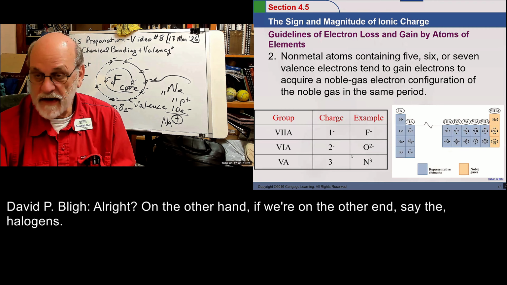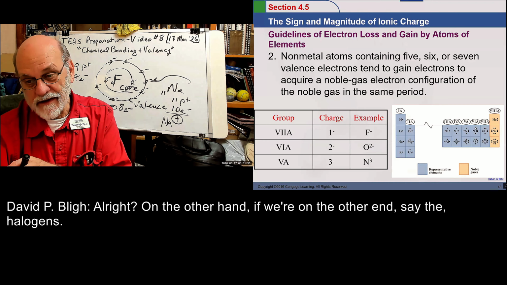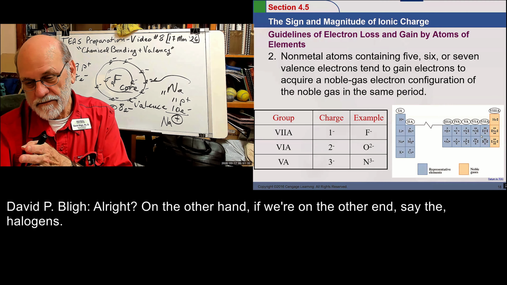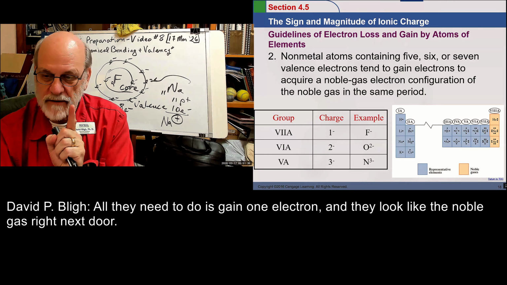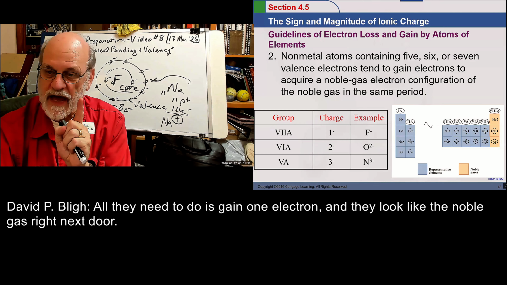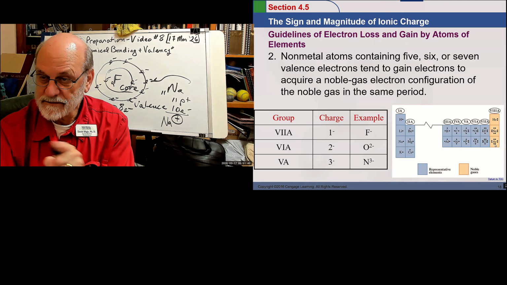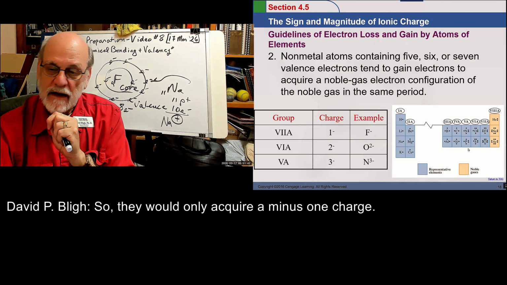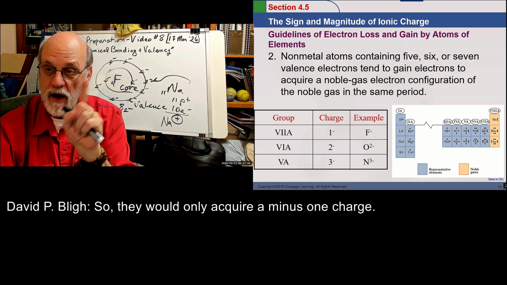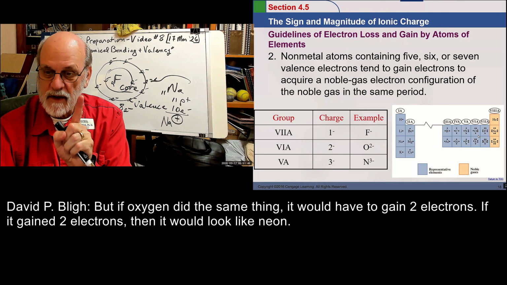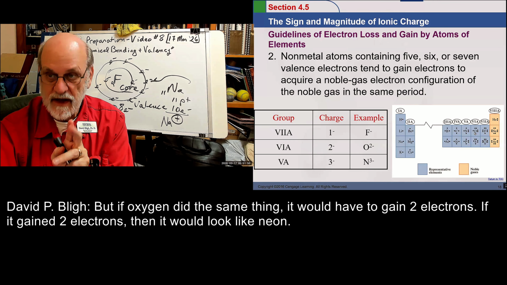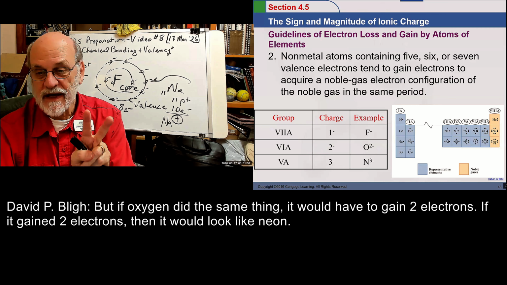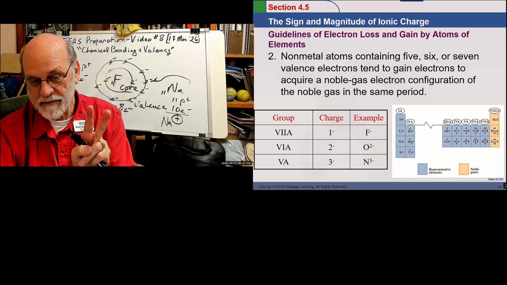All right. On the other hand, if we're on the other end, say the halogens, all they need to do is gain 1 electron, and they look like the noble gas right next door. So they would only acquire a -1 charge. But if oxygen did the same thing, it would have to gain 2 electrons. If it gained 2 electrons, then it would look like neon.